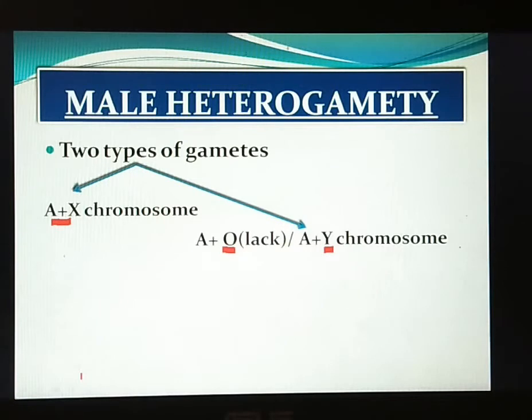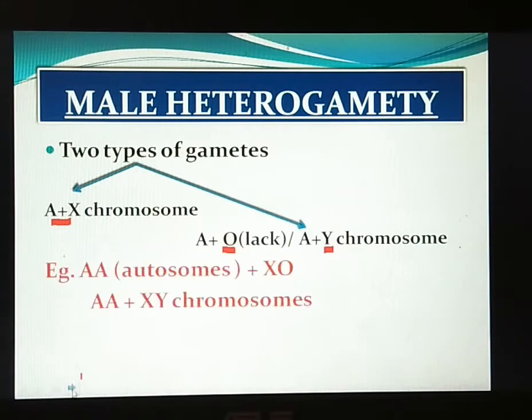Okay. So there are two different types of gametes that can be formed in an individual. Based on male heterogamety, there are two types which we will be studying today: XO type and XY type of sex determination.